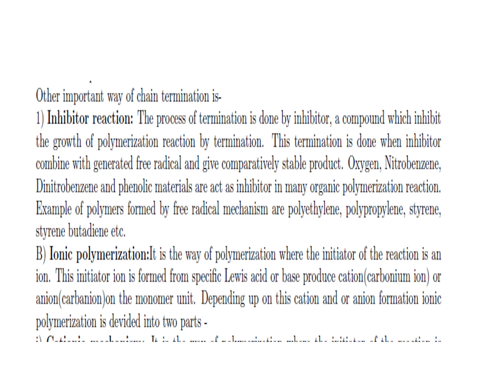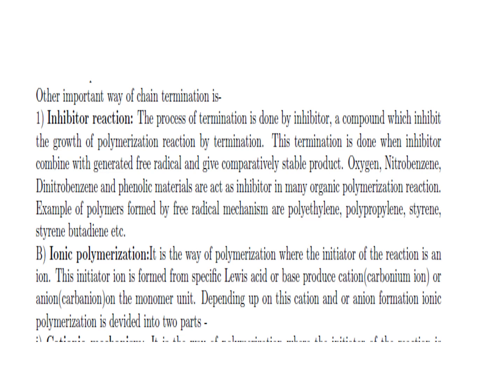Another important way of chain termination is the inhibitor reaction. The process of termination here is done by an inhibitor, a compound which inhibits the growth of polymerization reaction by termination. This termination is done when the inhibitor combines with the generated free radical and gives a comparatively stable product.